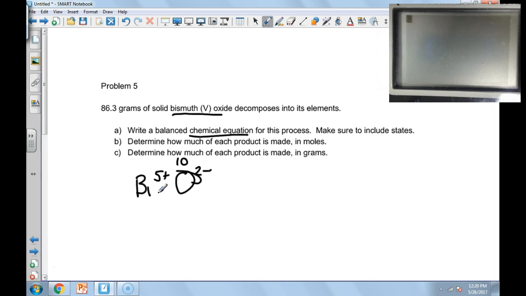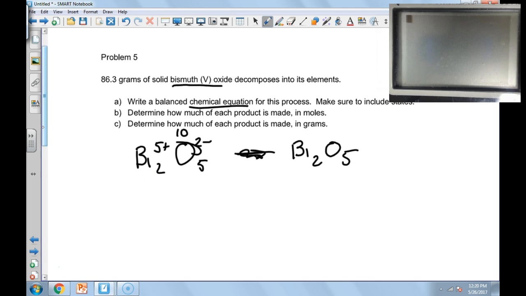And so that means 2 times 5 is 10, and 5 times 2 is 10. And so that means that when we figure this out, bismuth 5 oxide is Bi2O5.